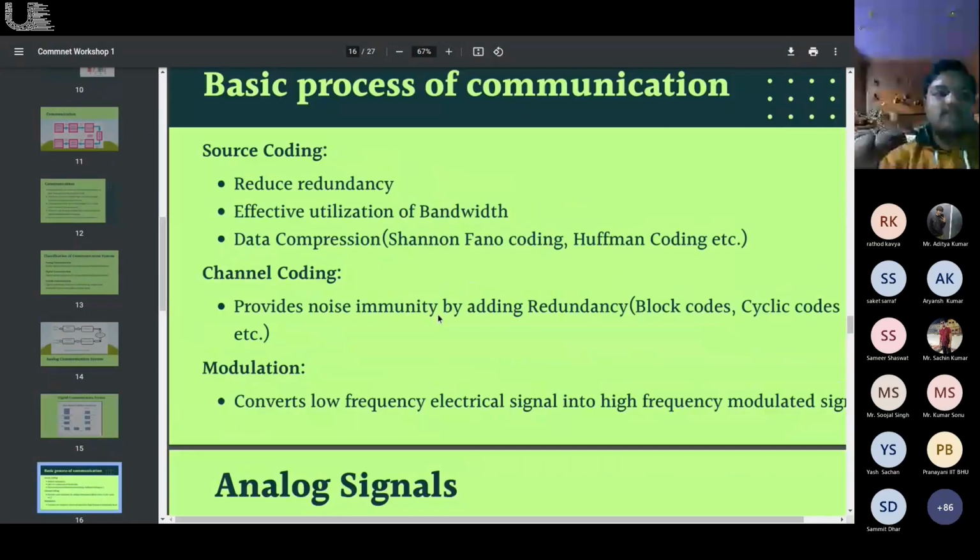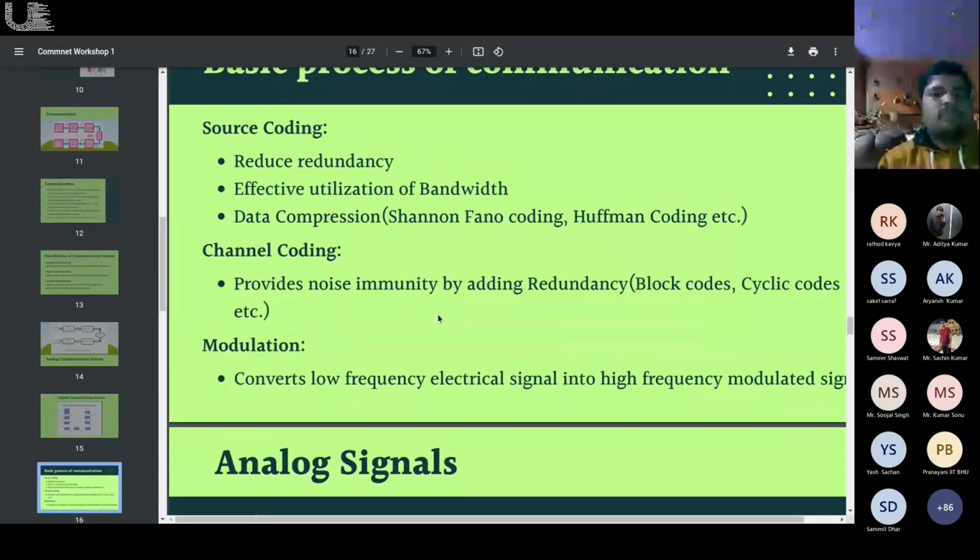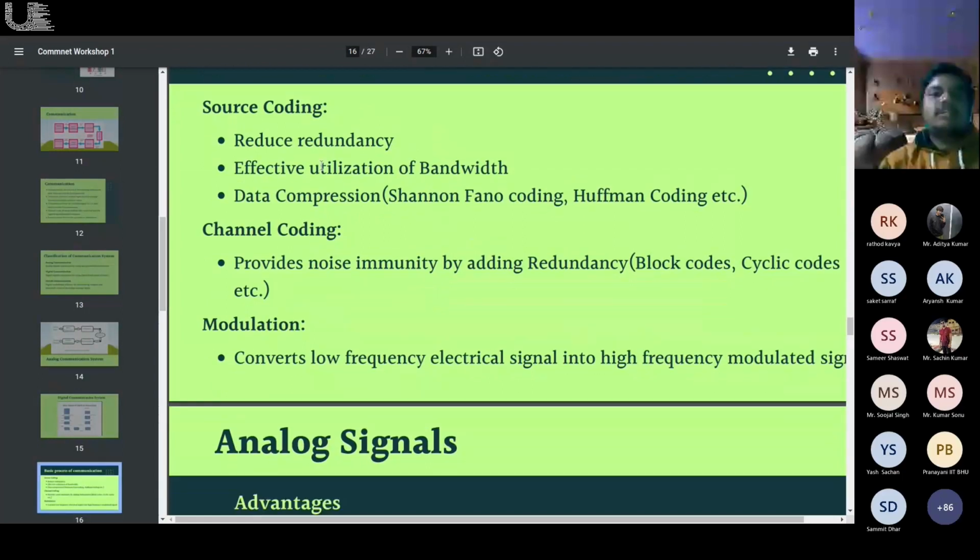We are going very slow. So source coding reduces redundancy. Redundancy is the portion of the signal which is not very useful.